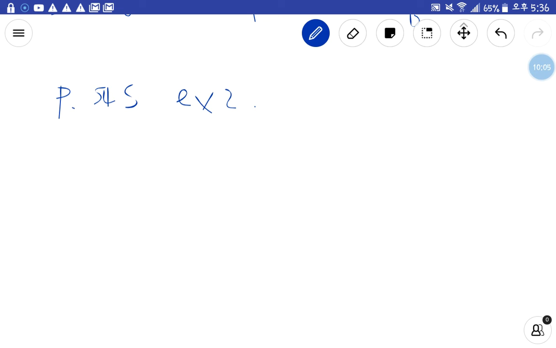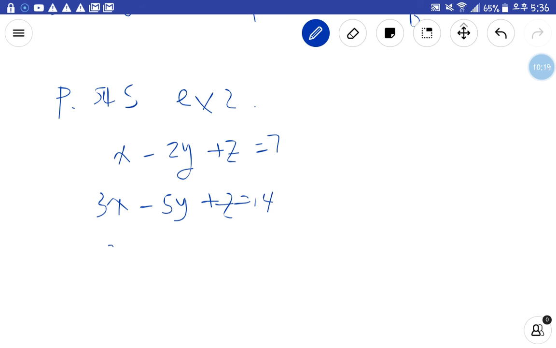Now, my given question is this: x minus 2y plus z equals 7. 3x minus 5y plus z equals 14. 2x minus 2y minus z equals 3. Let me double check it not to make any mistake. x minus 2y plus z equals 7, 3x minus 5y plus z equals 14, 2x minus 2y minus z equals 3. Alright, it looks good.